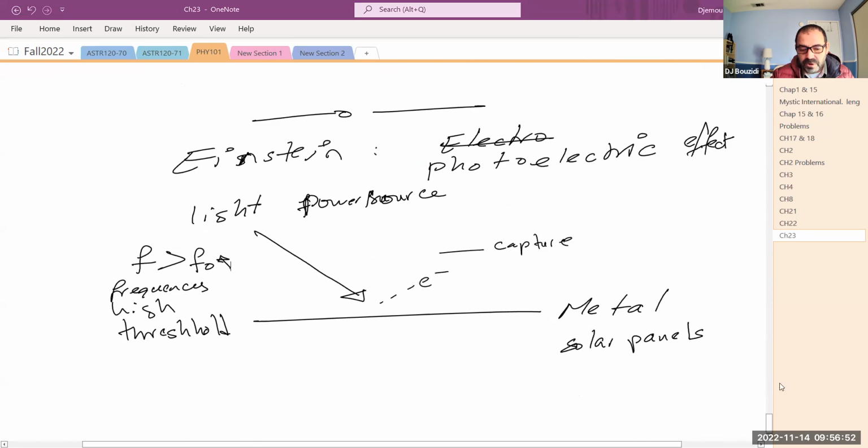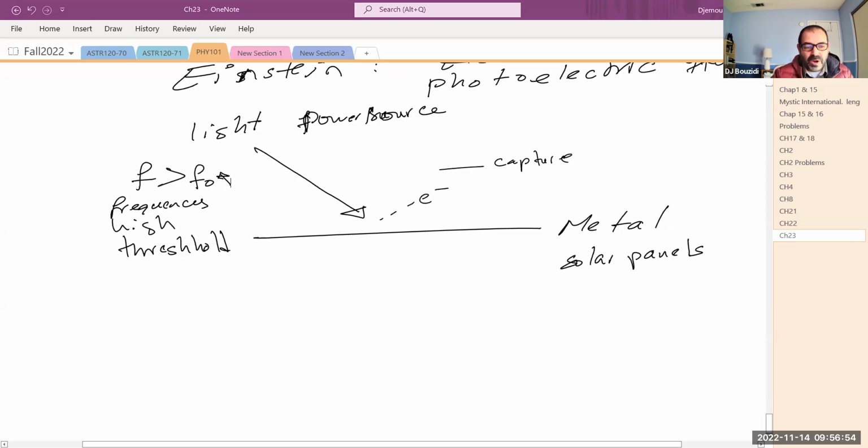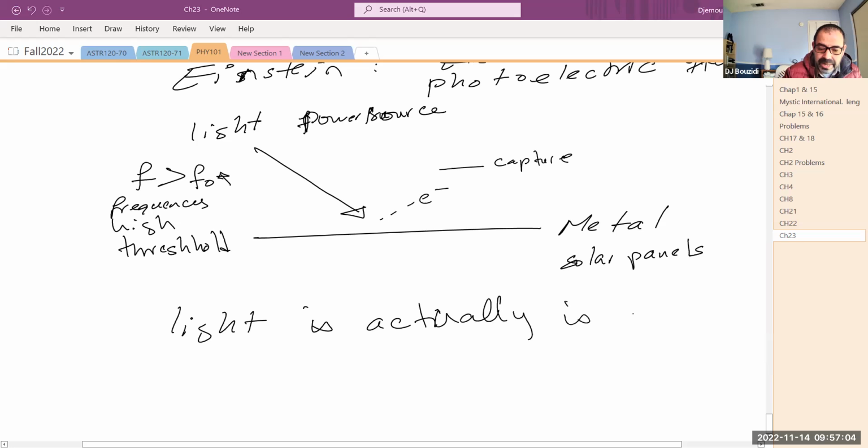So Mr. Einstein took it a step further, and he suggested that light, any light, is actually made up of particles. He called them photons.